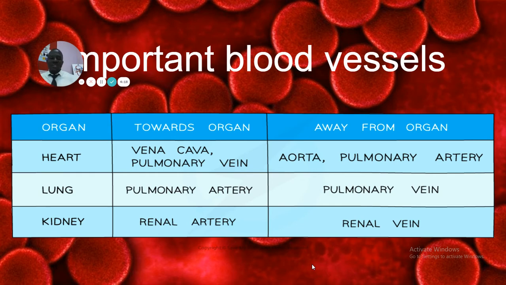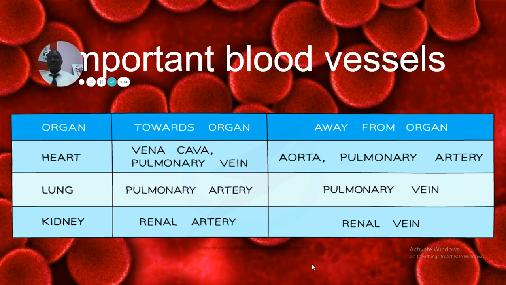Then we have the kidneys. Kidneys are the bean-like structures below the abdomen, responsible for filtering urea out of blood, or purification of blood. So the kidney is supplied by the renal artery, and the blood from the kidneys is drained by the renal vein.